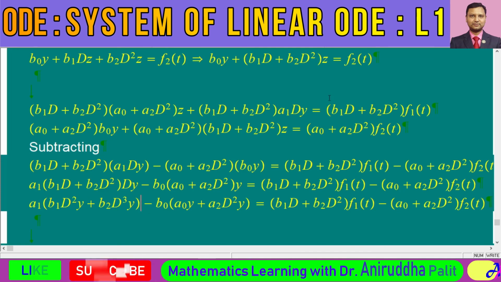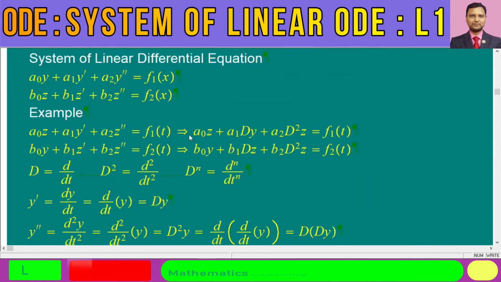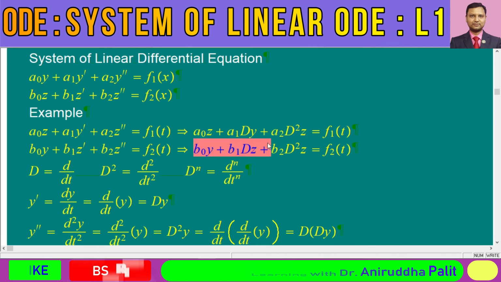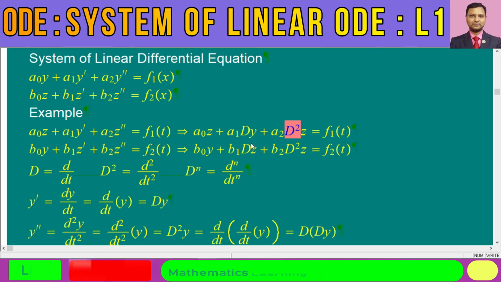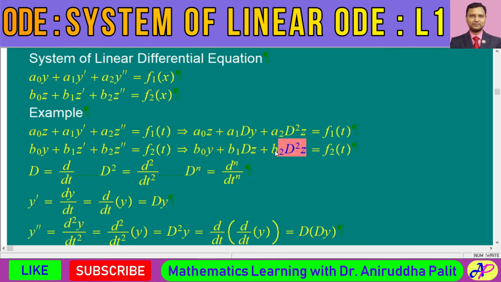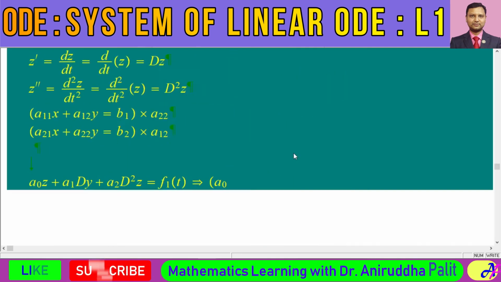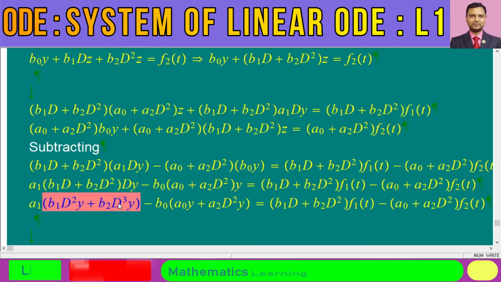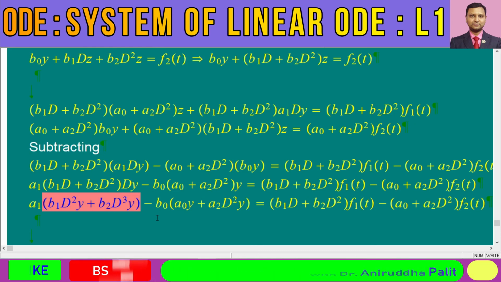So apparently, if you look at this expression, what is that function? Yes, this is the differential equation. Apparently it looks like the highest degree is equal to 2. But if you look at this a little carefully, if you want to eliminate one variable, you will find that the highest order is not 2. This is actually a third order differential equation.